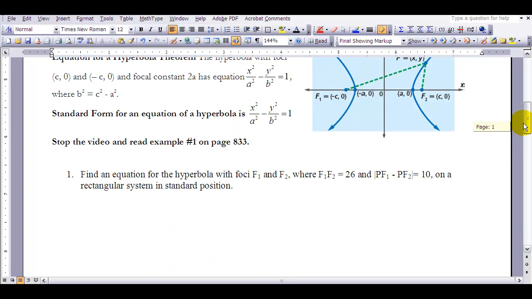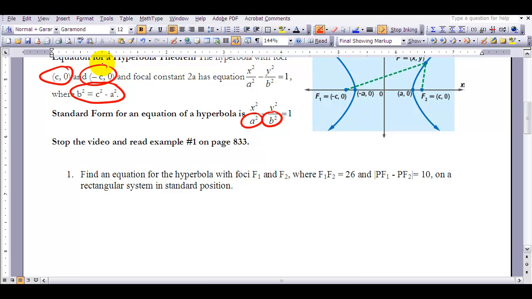Remember that A and B are the values that give me what I'm going to have underneath here, and C is the foci point. Sometimes I need C to figure out what B is. F1 and F2 are the focus points, and I know that my focus points are at (c, 0) and (negative c, 0) if it's on the x-axis.